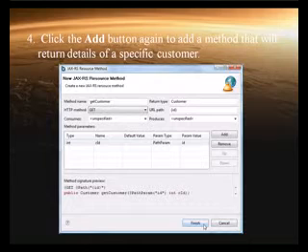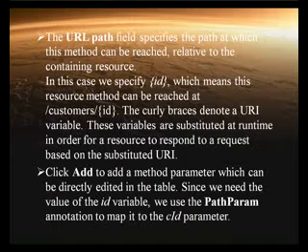Number 4. Click the Add button again to add a method that will return details of a specific customer. The URL path field specifies the path at which this method can be reached relative to the containing resource.